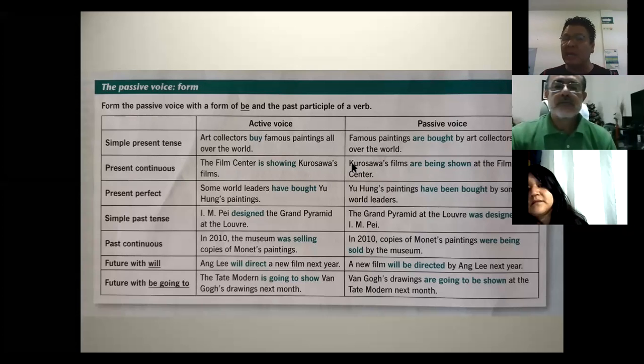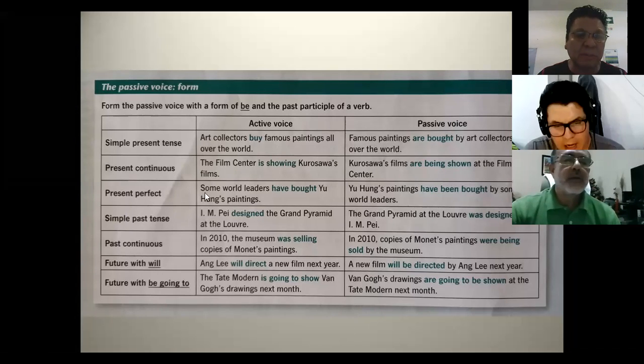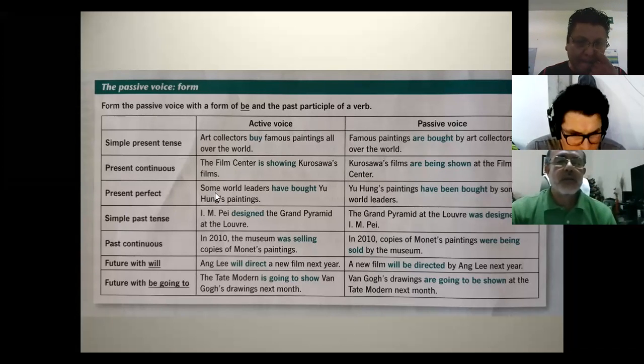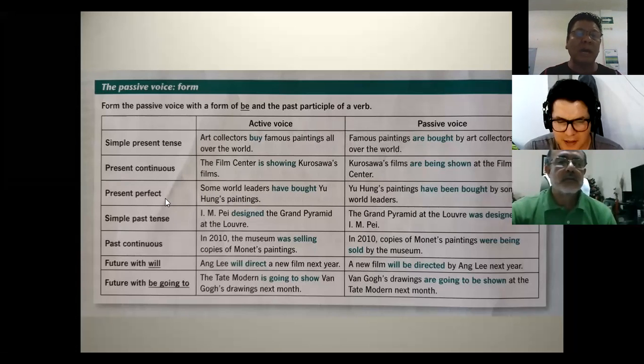Check that, because then we have some exercises and we need to check it out. Present perfect. Raúl, can you read? Some world leaders have bought Yu Hang's paintings. Can you repeat? Some world leaders have bought Yu Hang's paintings. Okay, present perfect. Remember, have bought.